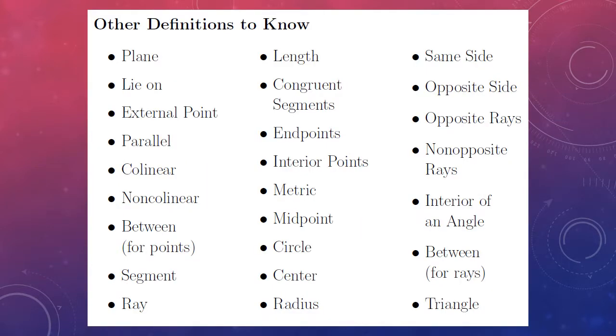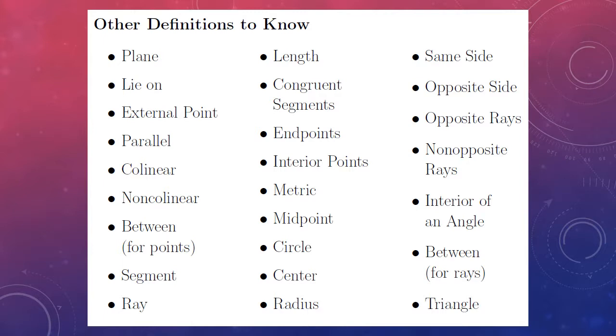All right, there's a huge number of definitions that start out in these first three sections, because we're trying to get a handle on what we can talk about, on how to discuss all these different geometry ideas. Before you panic, realize that most of these are actually pretty intuitive, like the idea of length, or plane, or an external point is a point off a line. Parallel lines, collinear, non-collinear, mean the same thing that they meant in incidence geometry.